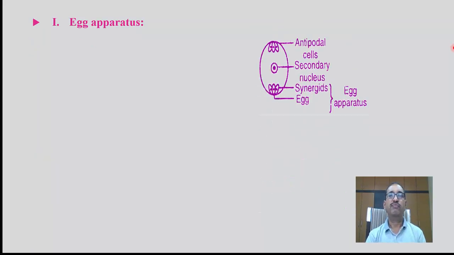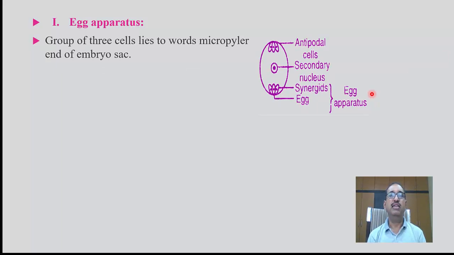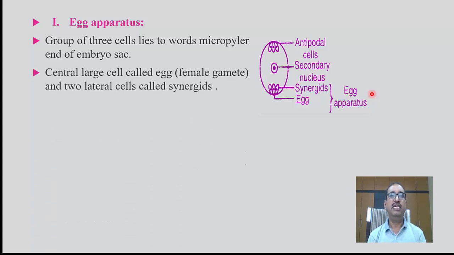Embryo sac contains the following structures. First one is called egg apparatus. A group of 3 cells lying toward the micropylar end of embryo sac is called egg apparatus. In this egg apparatus, the central large cell is called egg, and the two lateral cells are called synergids.